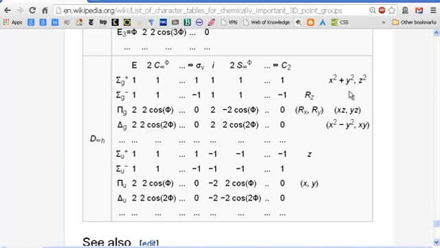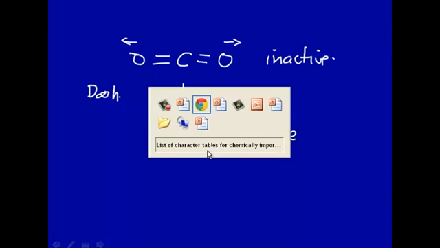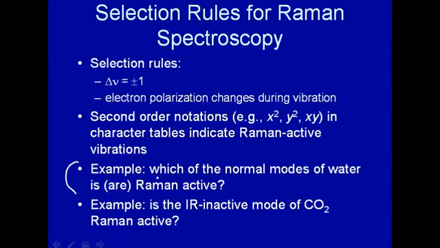So sigma G plus has not only the symmetric stretch of CO2, but it also has this X squared plus Y squared and Z squared. So this would be Raman active. So even though you cannot see this stretch in an infrared spectrum, if you did a Raman spectrum, you would see it.